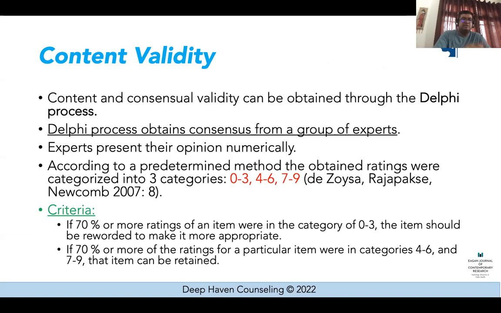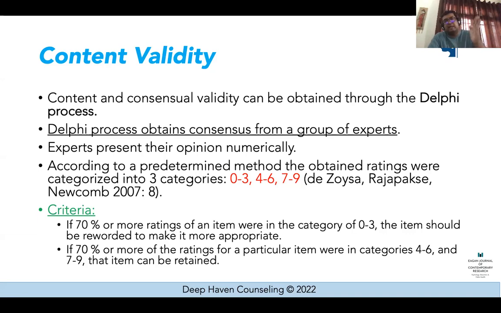So the Delphi process, as I said, obtains consensus from a group of experts. And experts present their opinions numerically, which means it is quantitative friendly. So what we do is we use a predetermined method and get experts to provide ratings for each item in a scale.